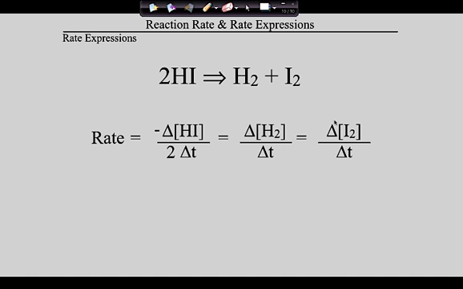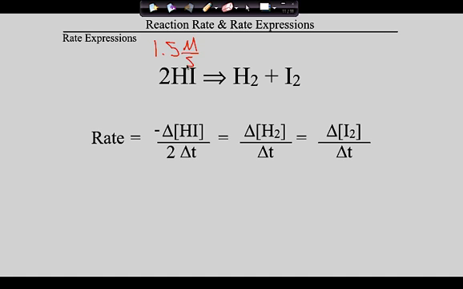Correct. So let's do this. What are we going to do with this? For example, what they would do in a homework question would be something like: HI is being consumed at a rate of 1.5 molarity per second.